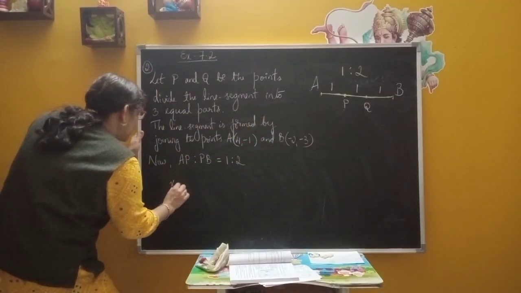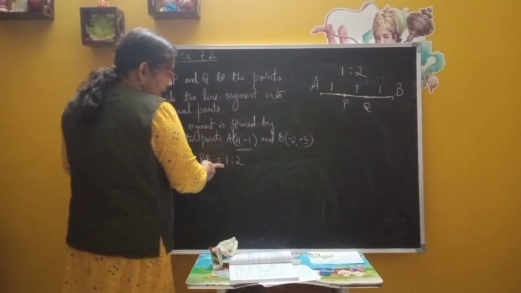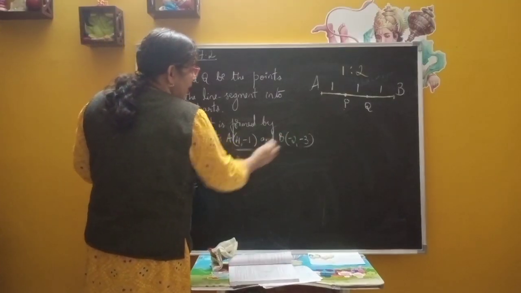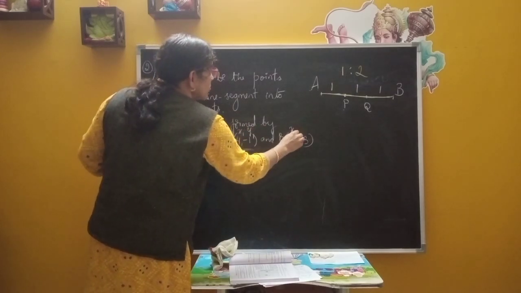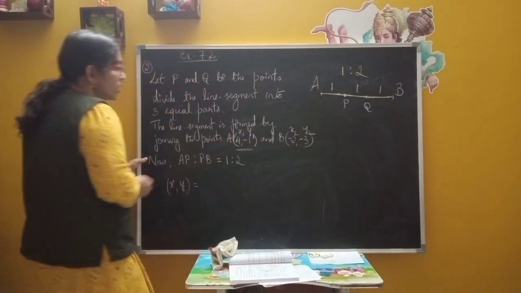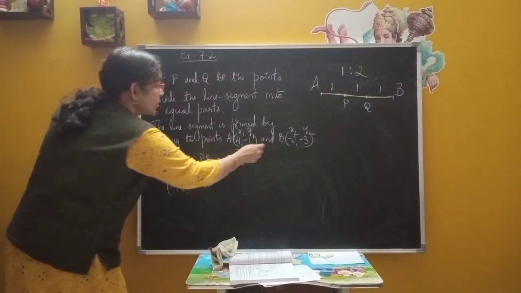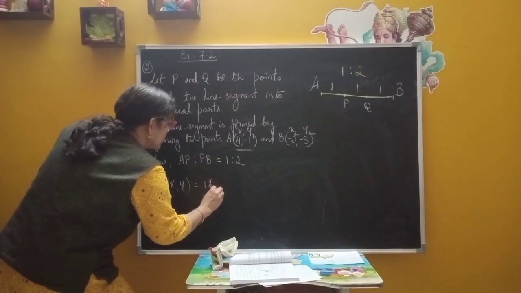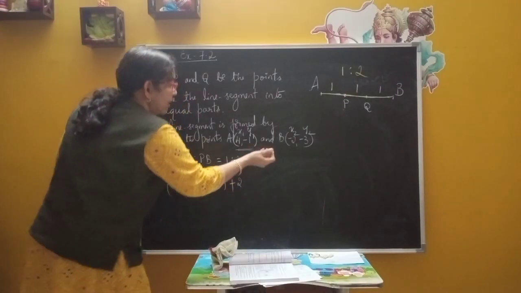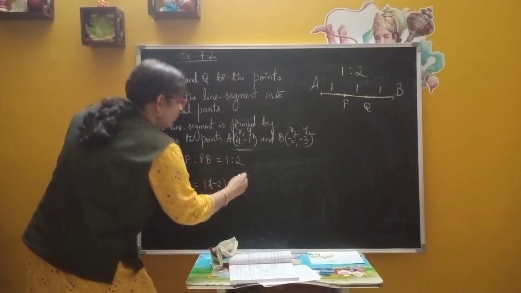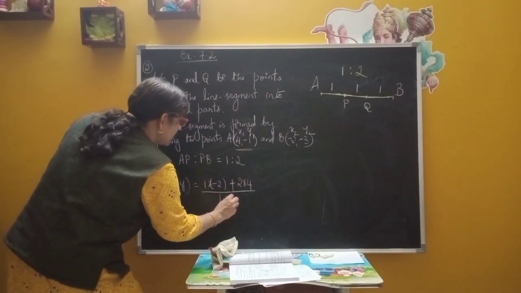Now x is equal to (M1 x2 + M2 x1) divided by (M1 + M2). M1 is 1, x2 is -2. This is x1, y1, x2, y2. So M1 is 1 into x2 which is -2, plus M2 is 2 into x1 which is 4, divided by M1 plus M2, that is 1 plus 2.